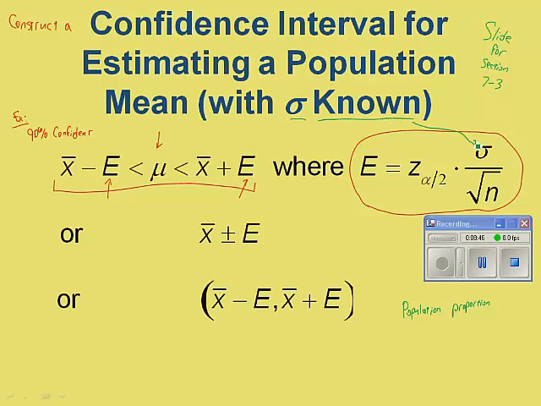If I knew sigma, I'd put it right there. Okay? The population proportion example was z alpha over 2, and then wasn't it times the square root of p hat q hat over n? I think that was 7-2. So if we had 7-3, we would replace the square root of p hat q hat with sigma. All right. So what are we doing now?